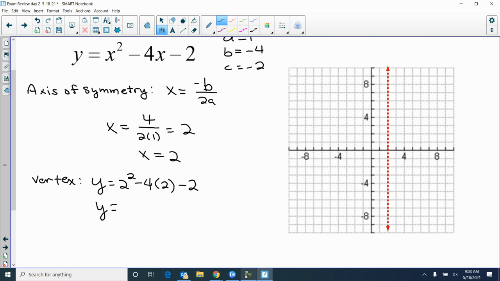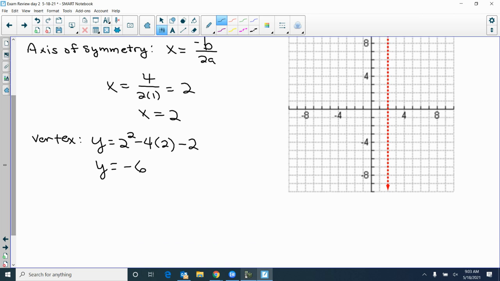And what does that simplify to? -6. 4 minus 8 is -4, minus 2 is -6. Okay, where it says vertex, be very clear and put down the ordered pair (2, -6). Okay, so you got (2, -6) right here.